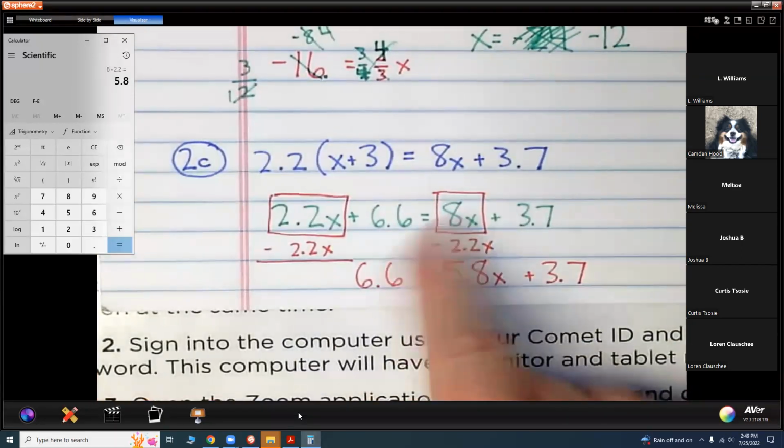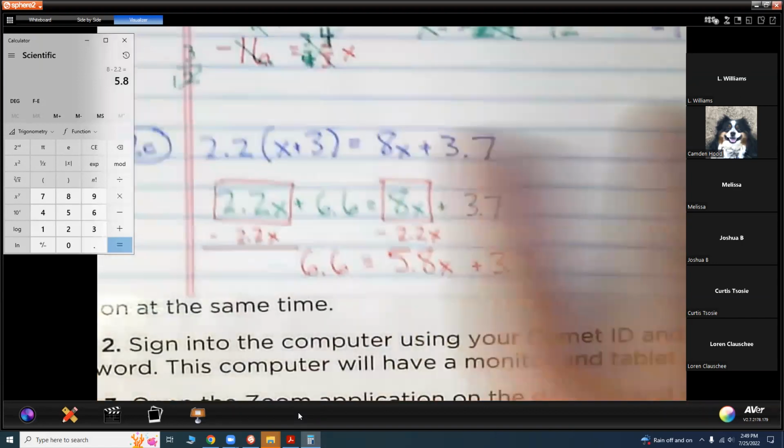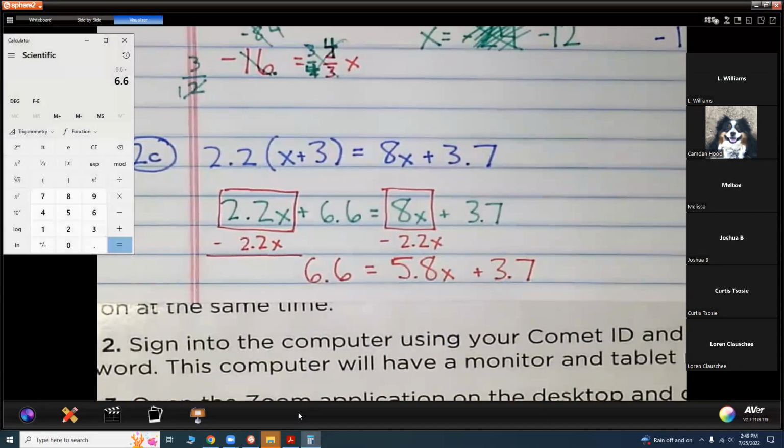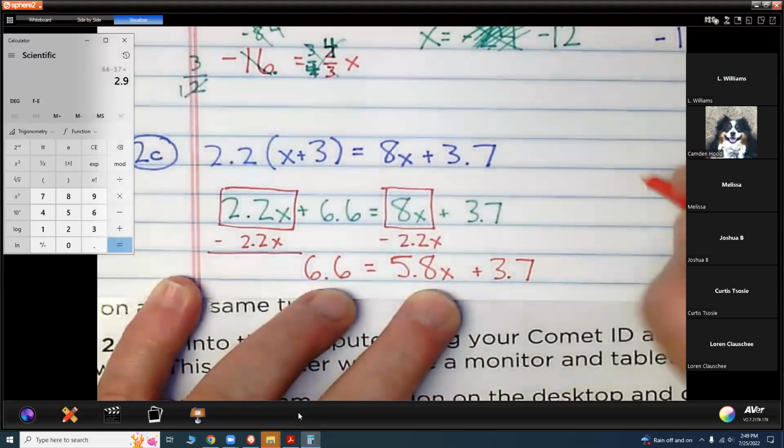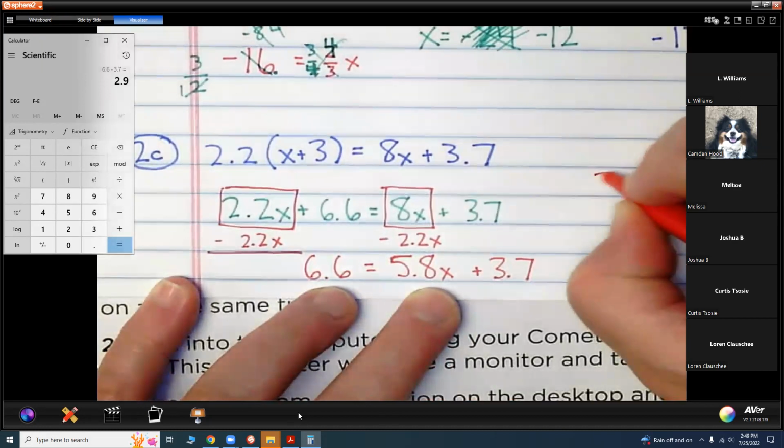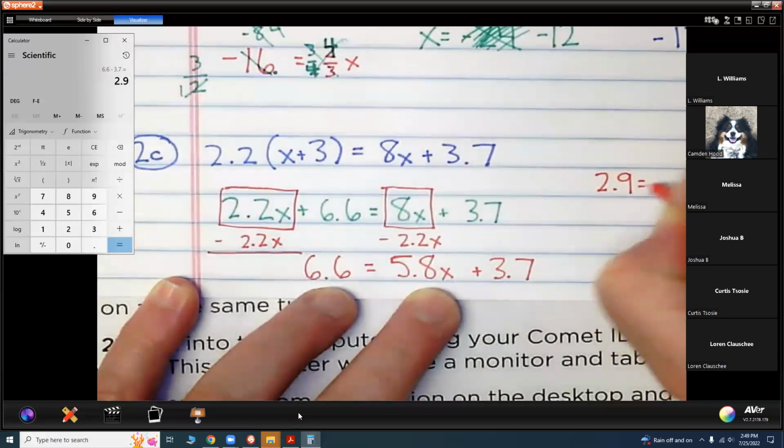Then subtract 3.7 from both sides, so 6.6 minus 3.7 gives 2.9 equals 5.8x.